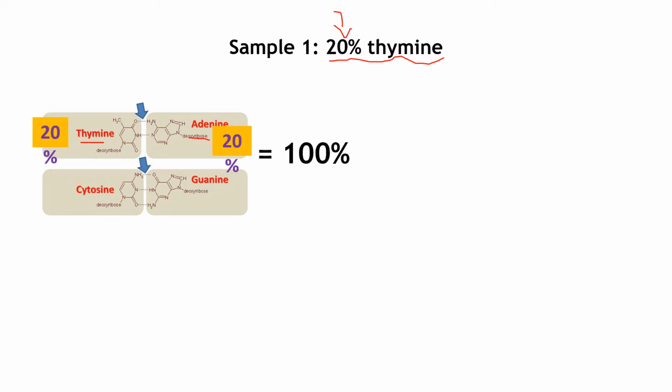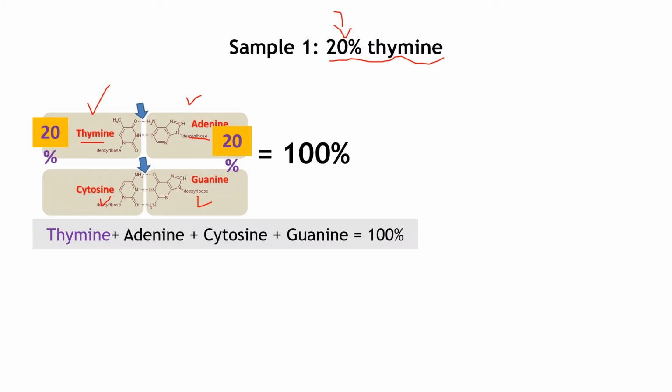And when we add thymine and adenine, 20% and 20%, it will be 40%. And if we add cytosine and guanine, together with those, this will be 100% of the DNA. Now we know that thymine and adenine are the same.